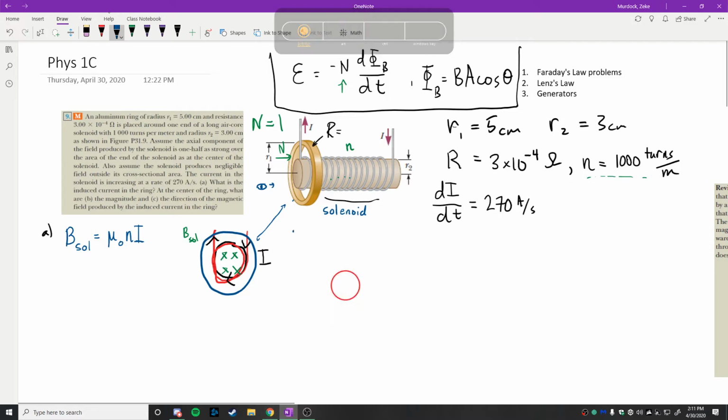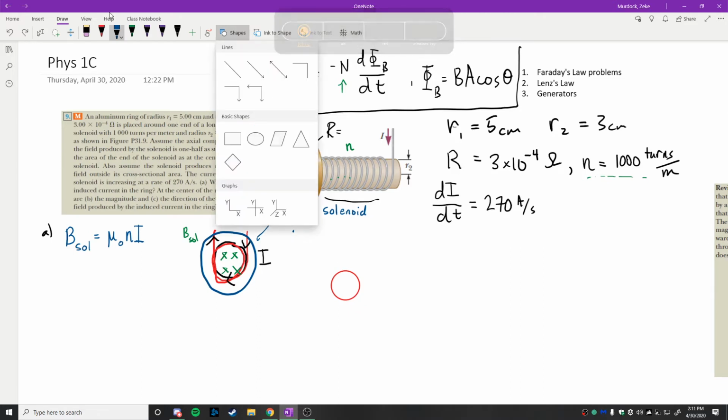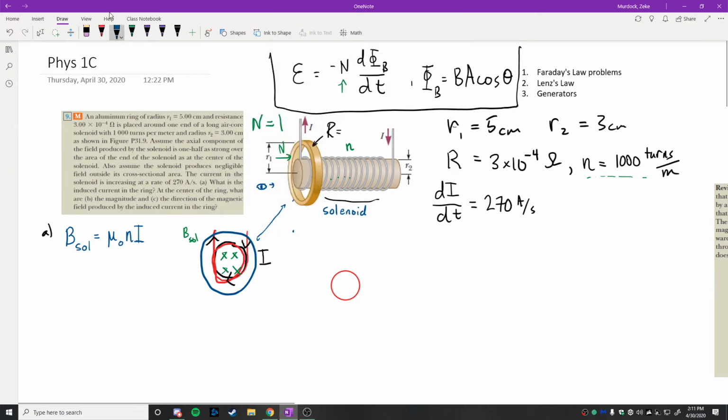I have to click here first. There we go. Shapes. Blue. Shapes. Click. Will this allow me to do like that? Yeah, okay. So this is basically what we have.